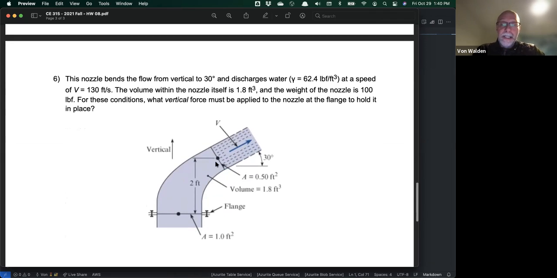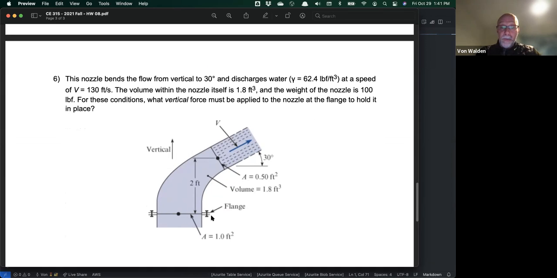In this case, it's the same situation. This is a complicated situation with a nozzle with a bend. But again, just trust the momentum equation and write it out and realize what your forces are. And in this case, the control volume is likely going to be drawn here, but only one of these surfaces.